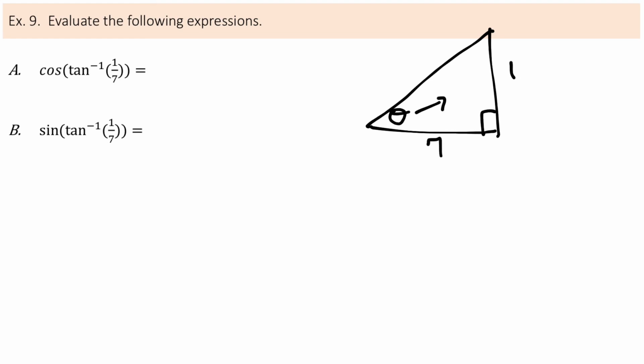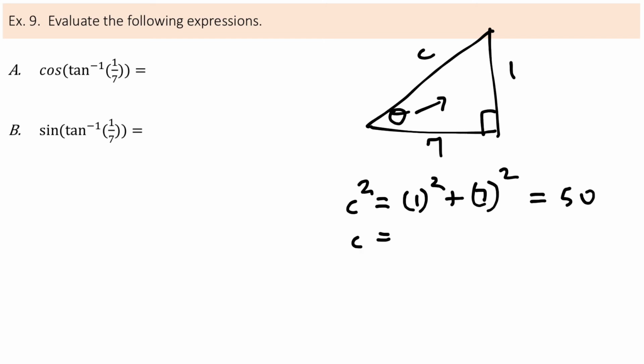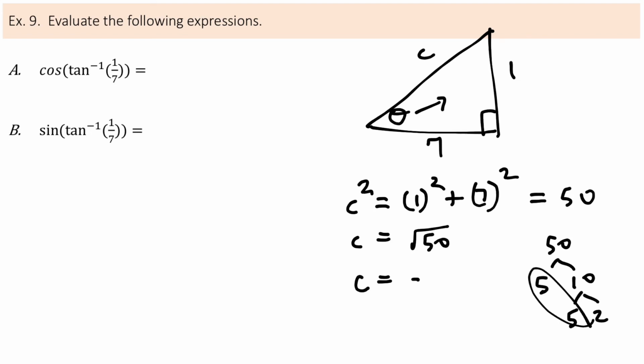All right, so if I want to find the cosine of that angle whose tangent is 1/7, I need to find my hypotenuse again. So that means c squared is equal to 1 squared plus 7 squared. So that's 1 plus 49, that's 50. So c is equal to the square root of 50. So c is equal to, so 50 is 5 times 10, which is 5 times 2. So that's 5√2.